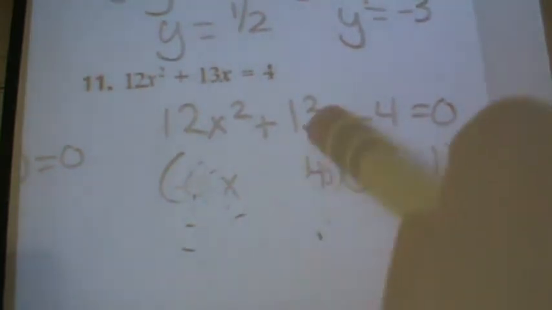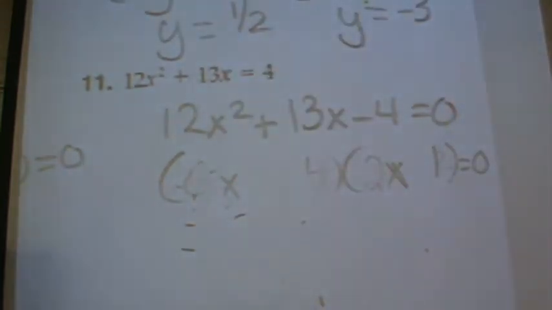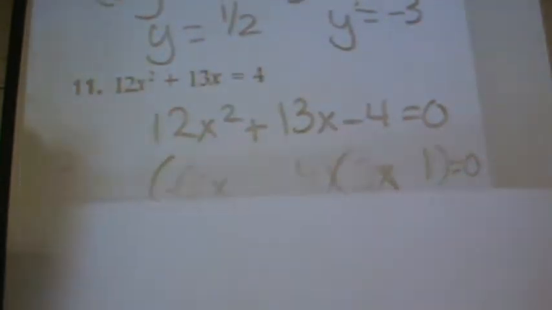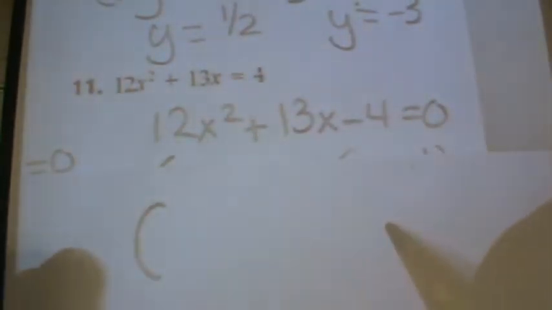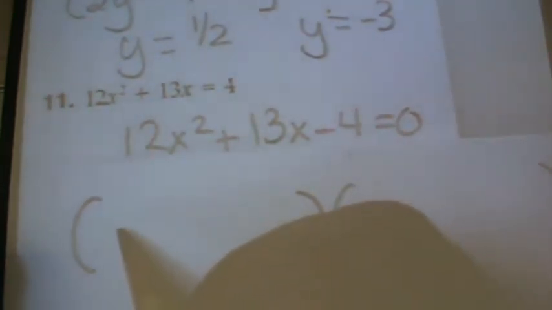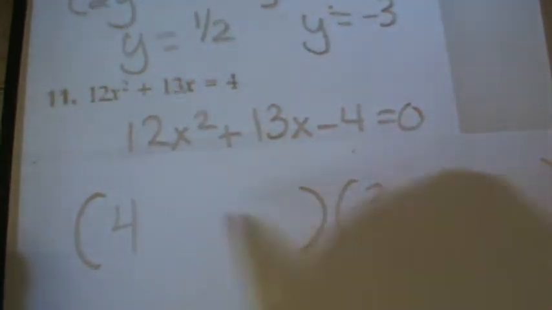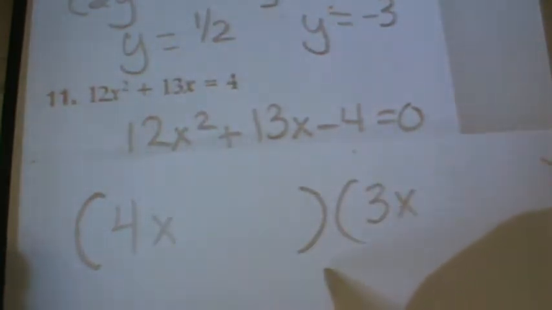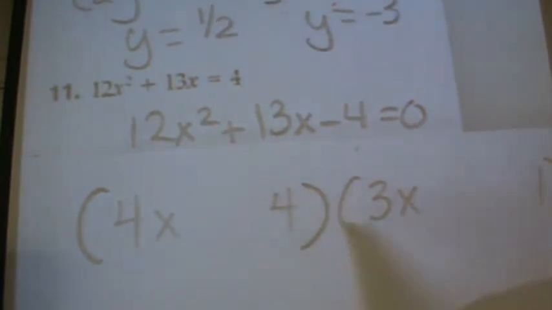We need some scrap paper. Now there's another way you could do the AC method, but let's not do that. Has anyone figured out the combination yet? 4 and 3. 4 and 1, does that work? 4, 12.